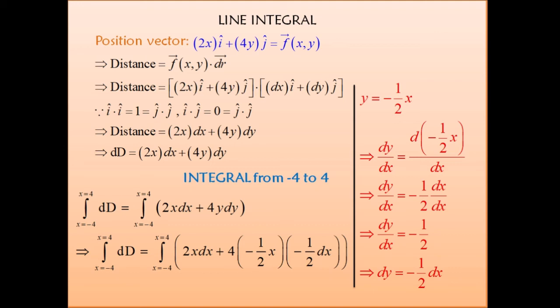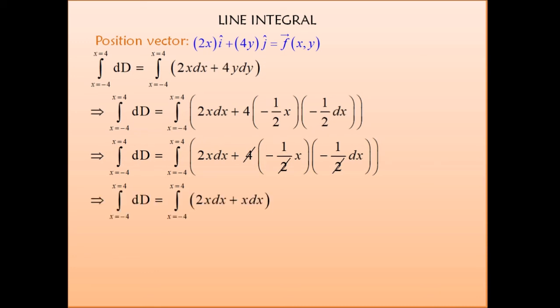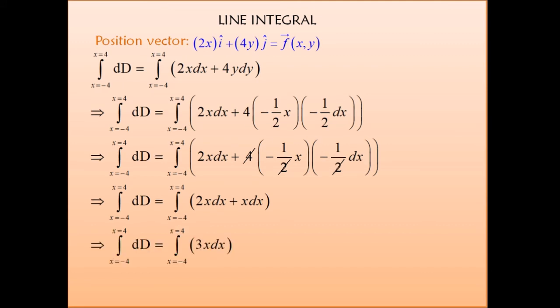So after cancelling out the common terms, we get the integral of 2x dx plus x dx, which can be written as the integral from x equals minus 4 to x equals plus 4 of 3x dx.